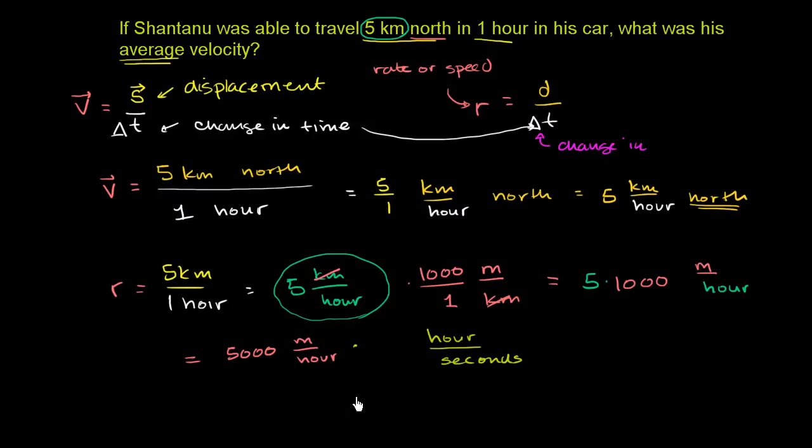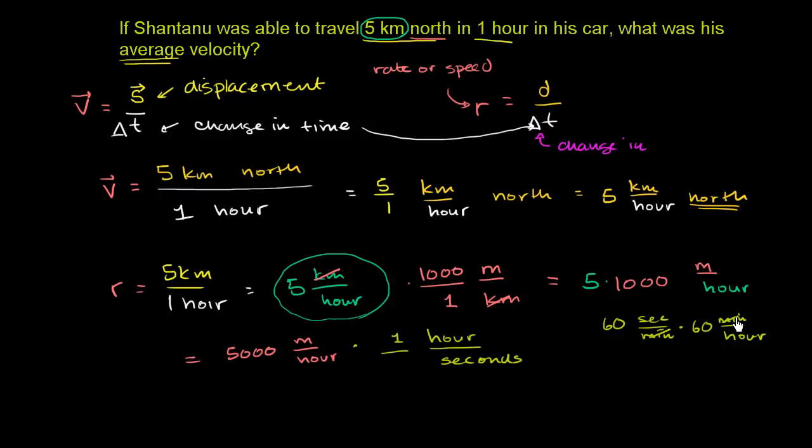So how many hours are there per second? Or another way to think about it, 1 hour, think about the larger unit. 1 hour is how many seconds? Well, you have 60 seconds per minute times 60 minutes per hour.